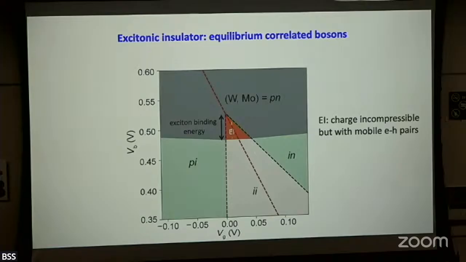When you turn on the bias more, you have more and more excitons, and the exciton binding energy drops. Once you reach that tip, the exciton binding energy goes to zero. Going from red to gray is the exciton Mott transition, exactly.